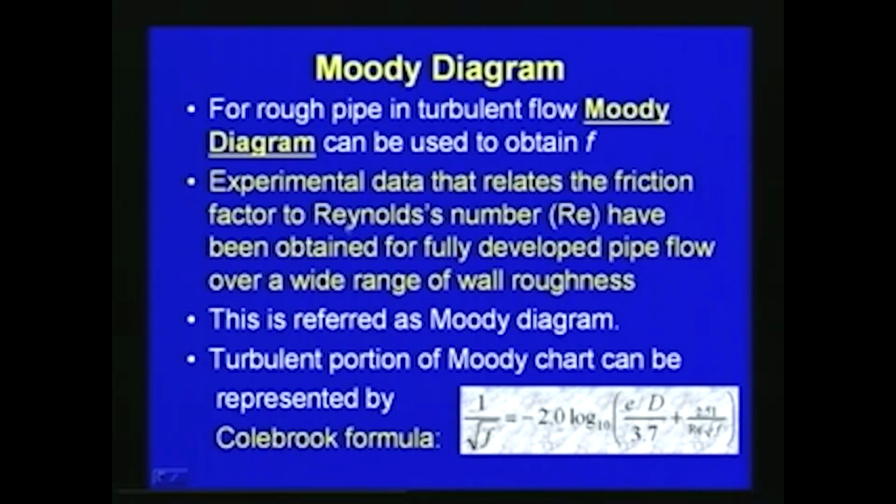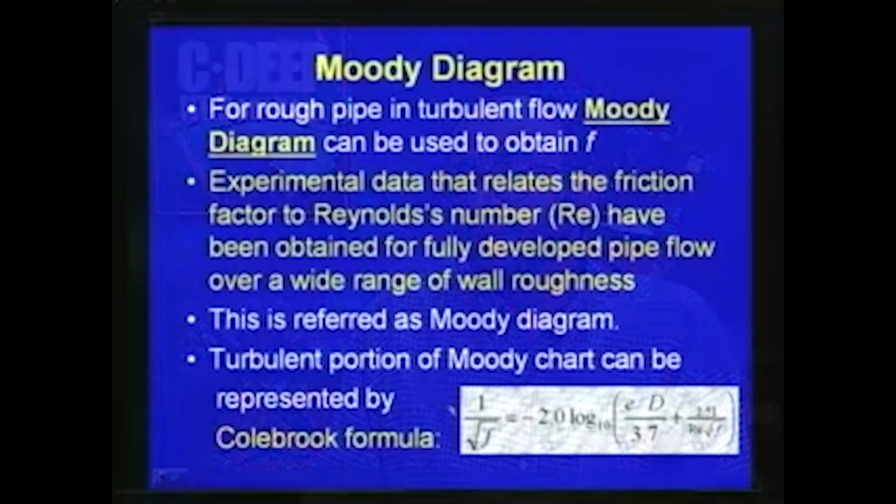From the Moody diagram, depending upon the Reynolds number, whether the flow is in the transition or turbulent range, we can obtain the friction factor with respect to the wall roughness, and use it directly for the other calculations.